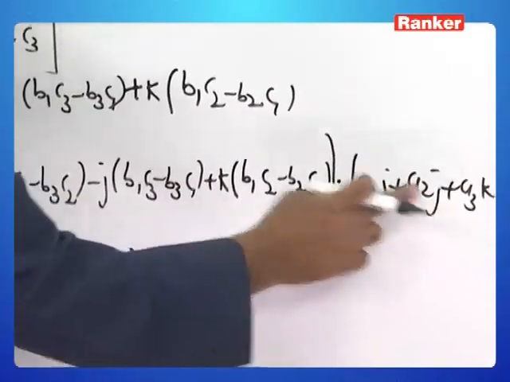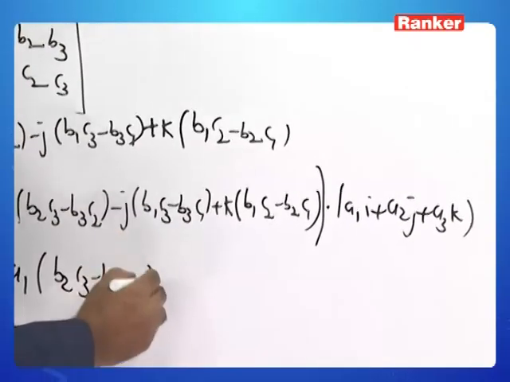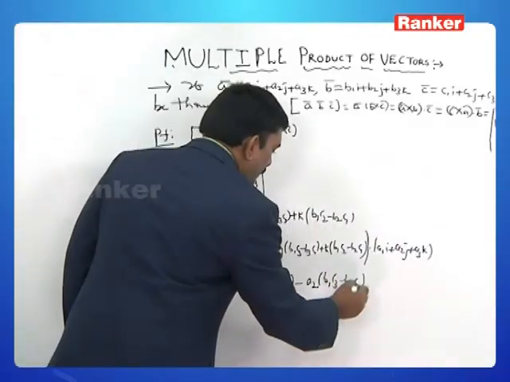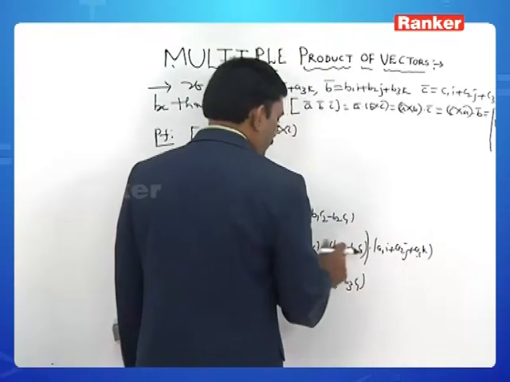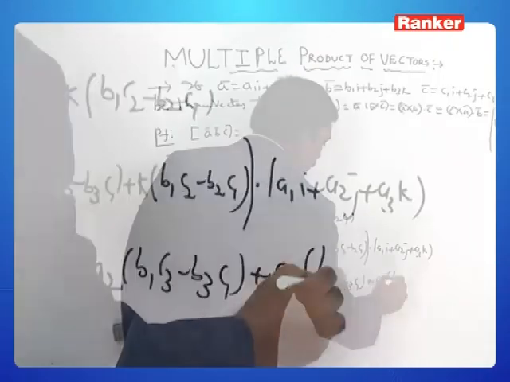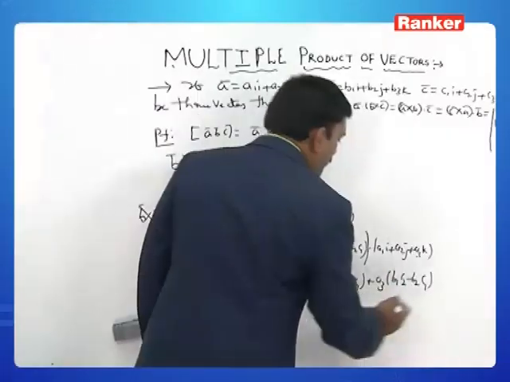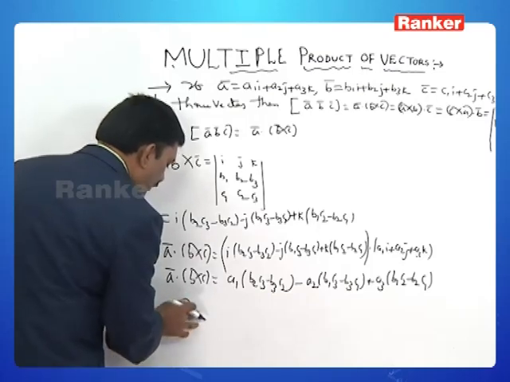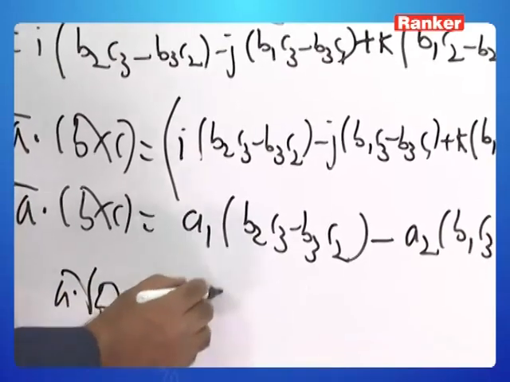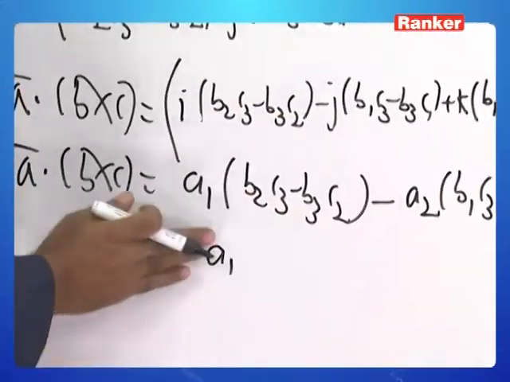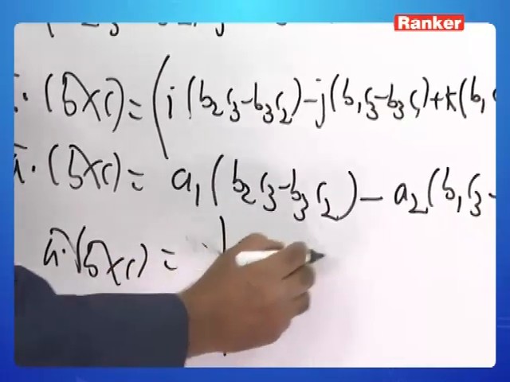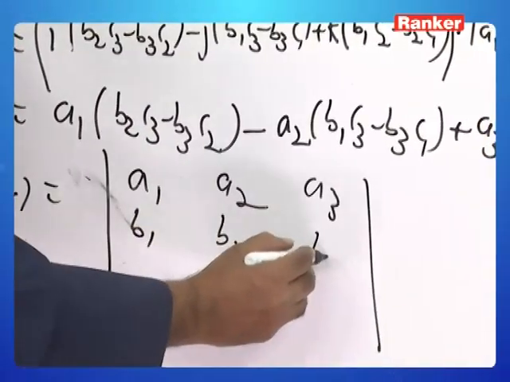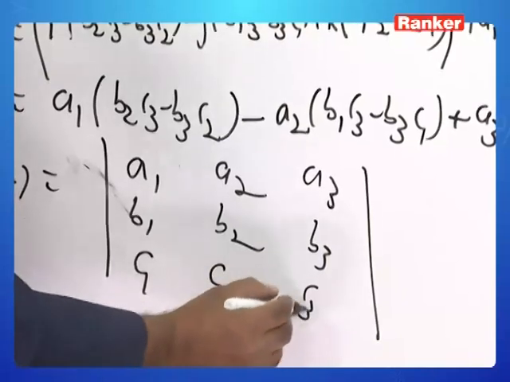Next, j dot i is 0, j dot j comes, minus A2 into (B1 C3 minus B3 C1). Then A3 k gives A3 into (B1 C2 minus B2 C1). So A dot of B cross C can be written as the determinant of A1, A2, A3; B1, B2, B3; C1, C2, C3.